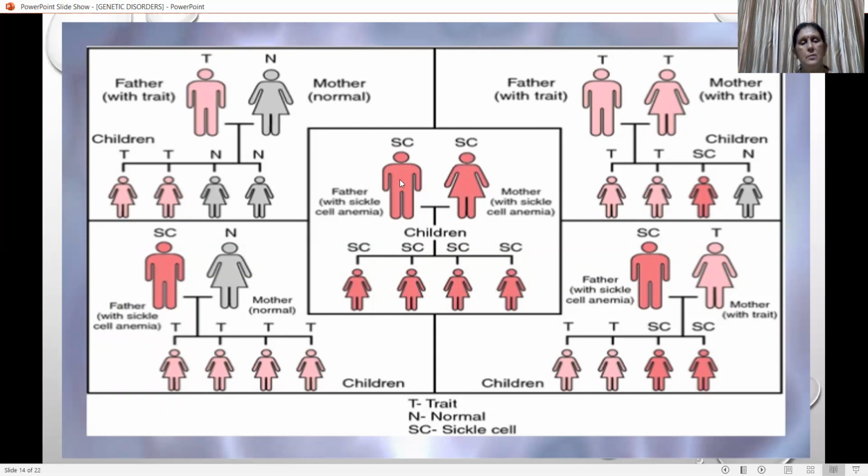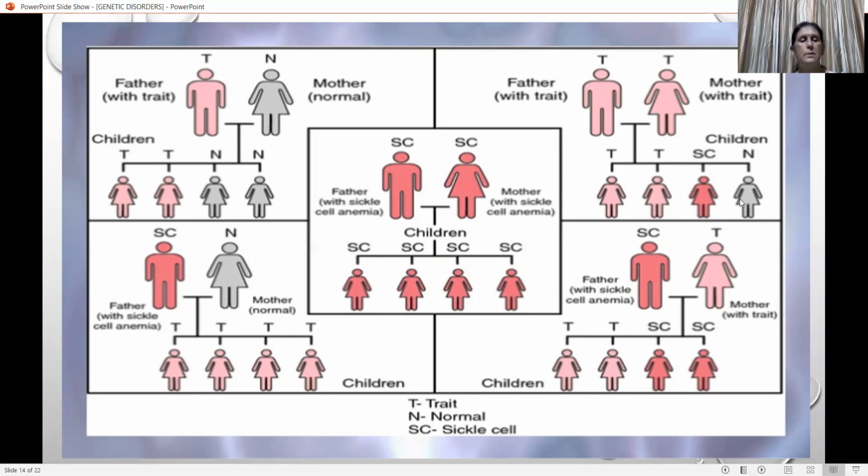Similarly, when both the parents have sickle cell anemia, in the next generation all of their daughters have sickle cell anemia. And the third one is father with trait and mother with trait. That means both are carriers. Then in the next generation, one girl will be sickle cell, and two daughters are carriers and one is normal.